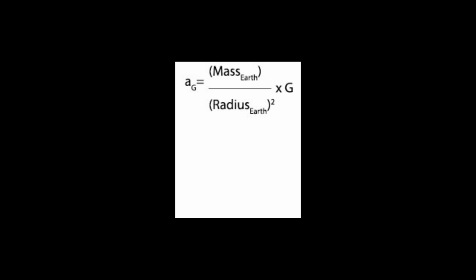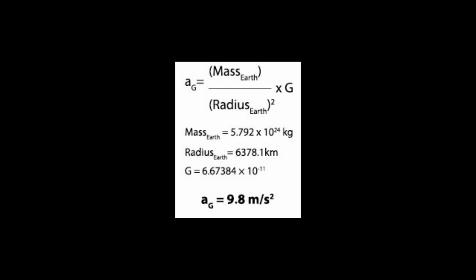Plugging this into our equation for the acceleration of gravity, the mass of the Earth divided by the radius of the Earth squared times big G gives us 9.8 meters per second squared. So anything located on the surface of the Earth will accelerate towards the Earth at that amount.